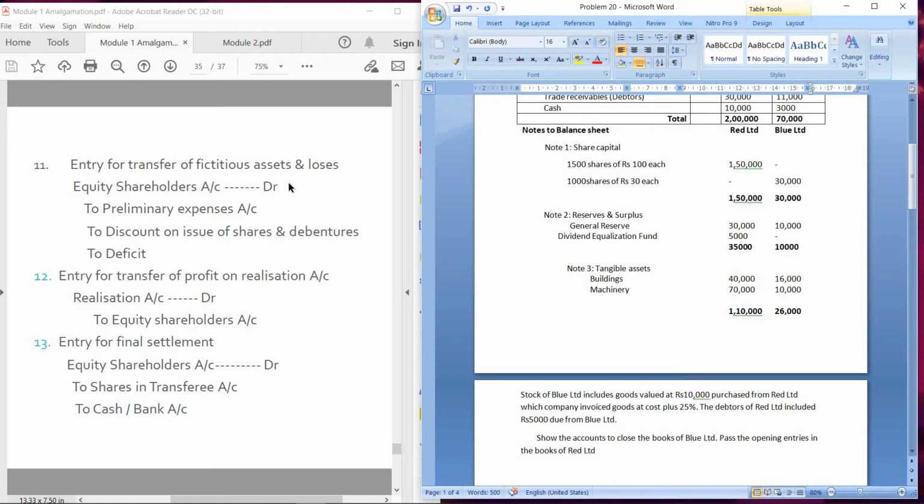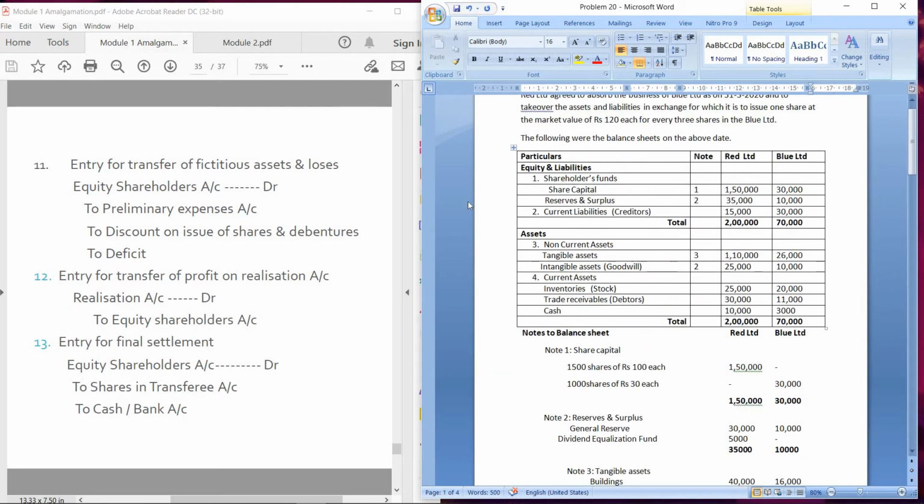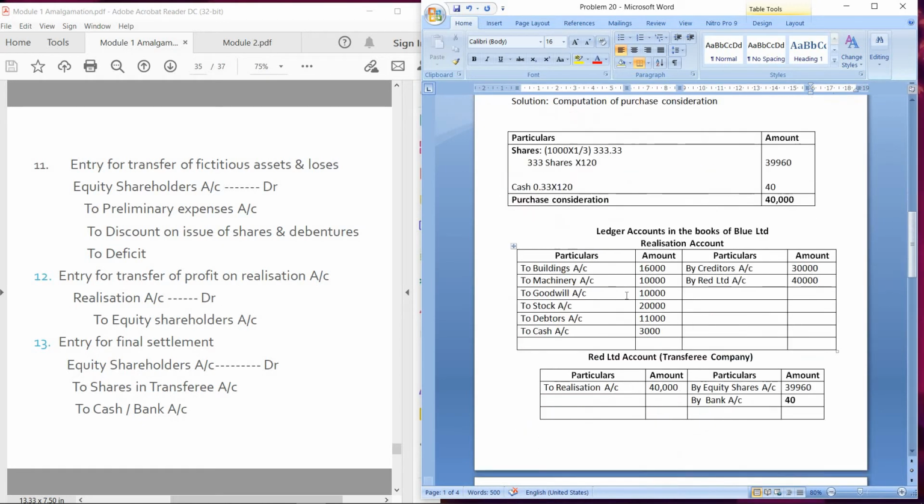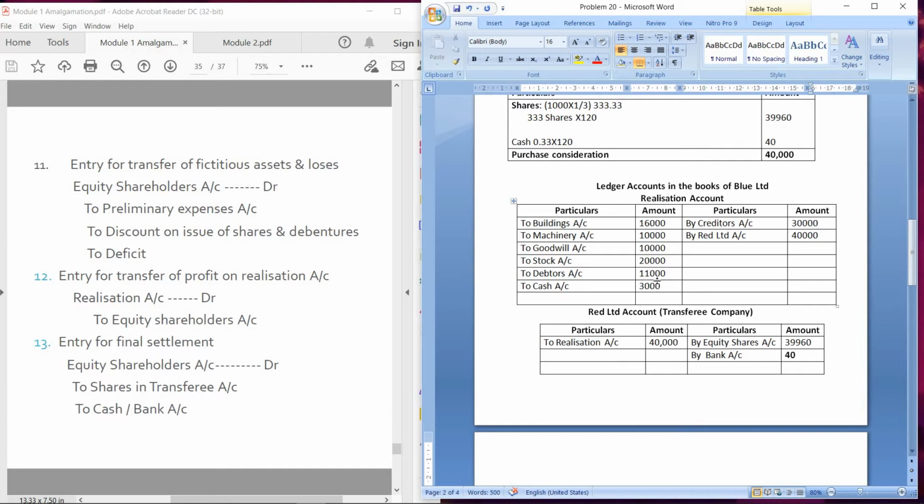Entry for transfer of fictitious assets and losses. So, no information is available regarding fictitious assets or losses. Next is entry for transfer of profit on realization account. So we have to make the total of realization account and see if there is profit or loss on realization.